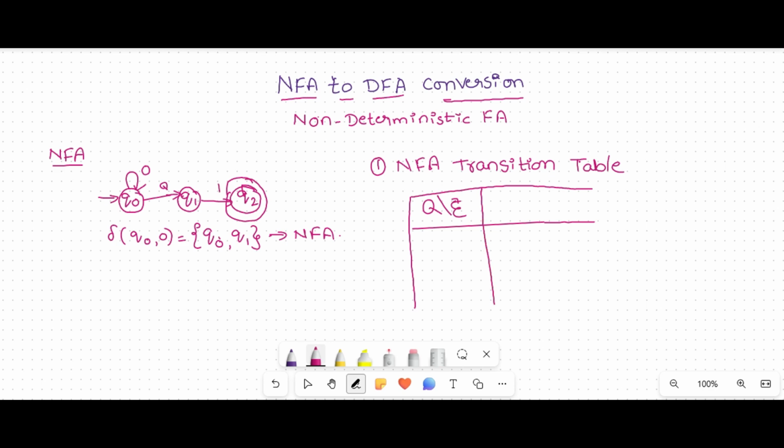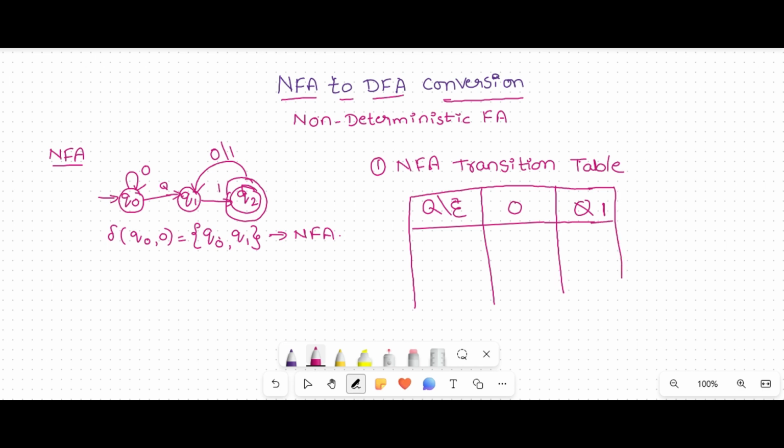Now what are the input symbols? 0, 1. For example, here I am adding some more states. Transitions, like here it is 0 or 1. Now assume this as 0 and this as 1.